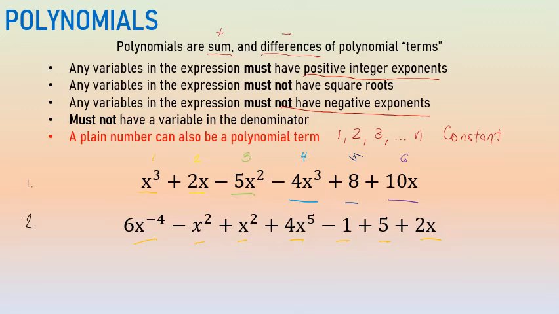Let's read it here. Any variable in the expression must have positive integers or positive exponent. Okay? So, let's look at the exponents, first in example number 1.